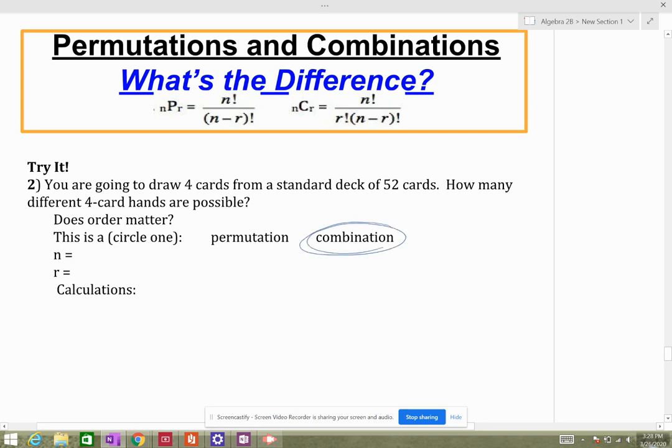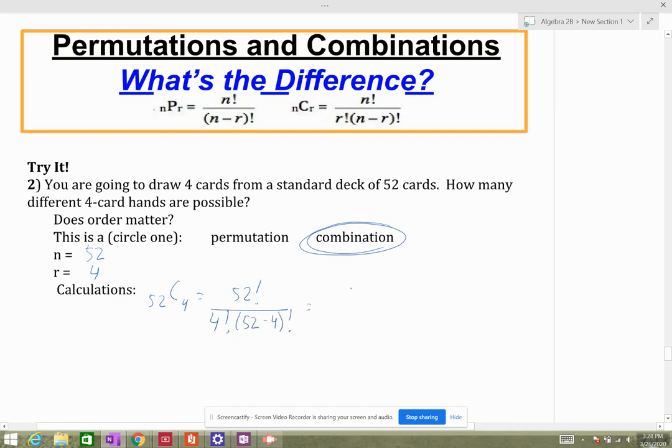So it's a combination. I'm choosing from 52 cards, and I'm picking 4 at a time. So I'm going to go 52 combination 4. That's 52 factorial over 4 factorial times 52 minus 4 factorial.